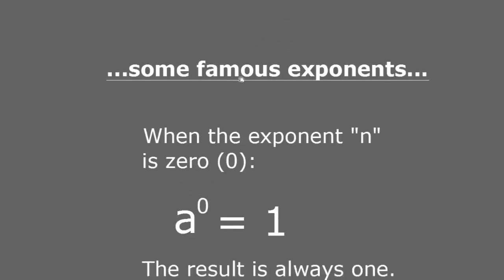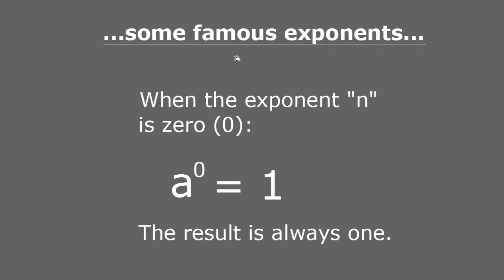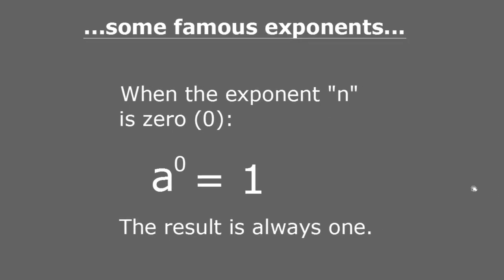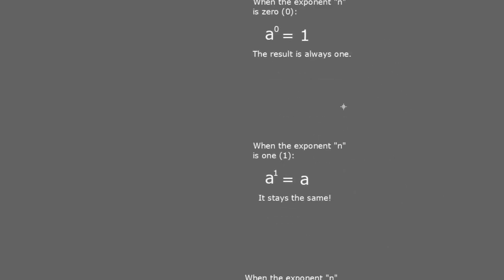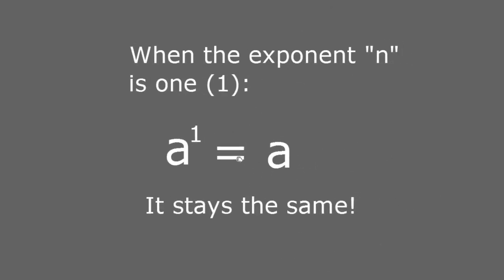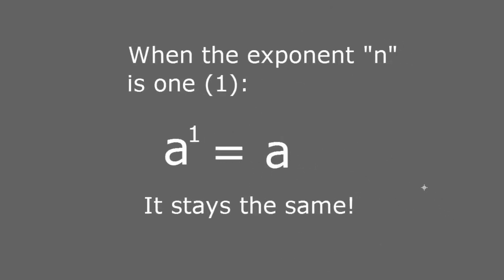Now there are some quite famous exponents because they have some special properties. For example, when the exponent equals 0, the result is always 1. It doesn't matter which number or variable you have, as long as the exponent is 0, that becomes 1. Another exponent with a special property is the exponent 1. Any number with the exponent 1 stays the same.